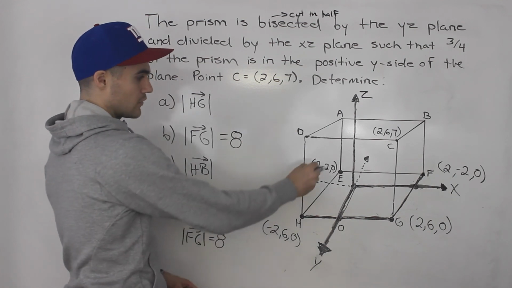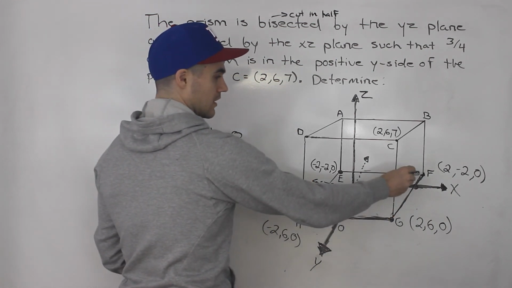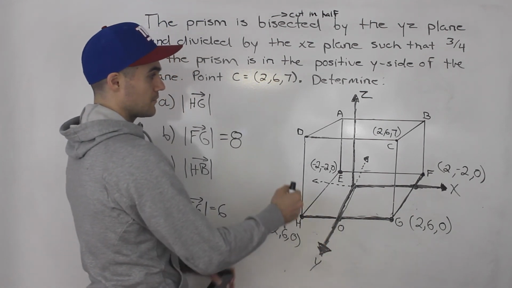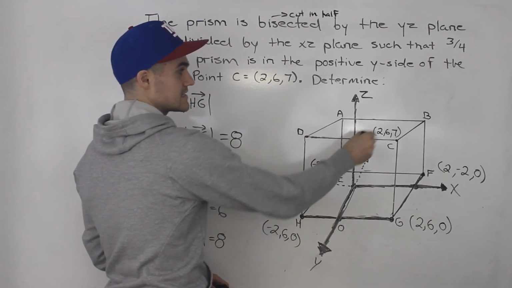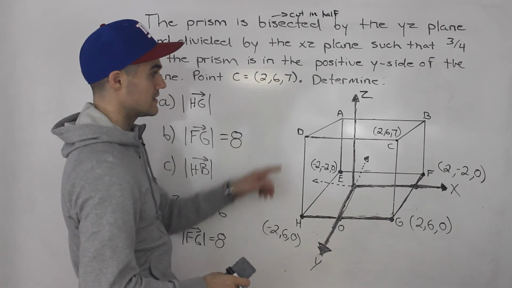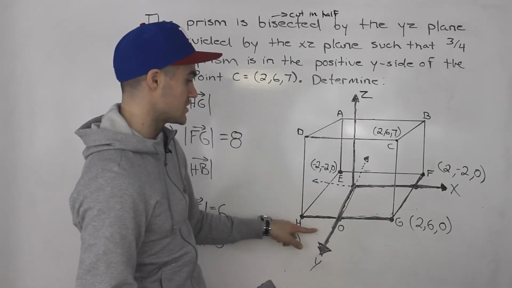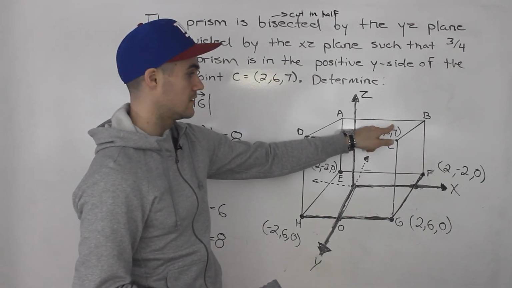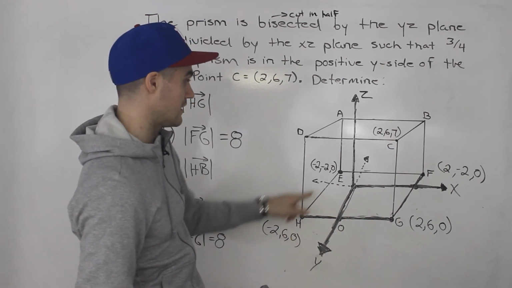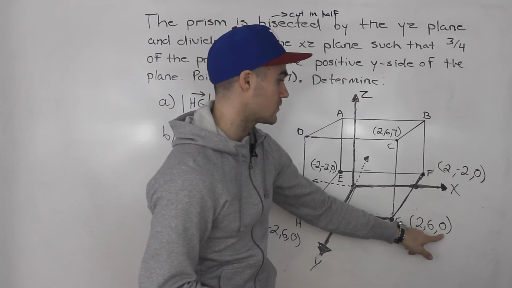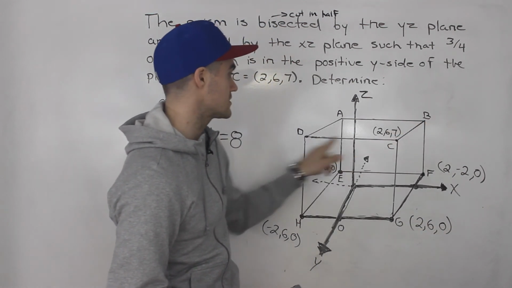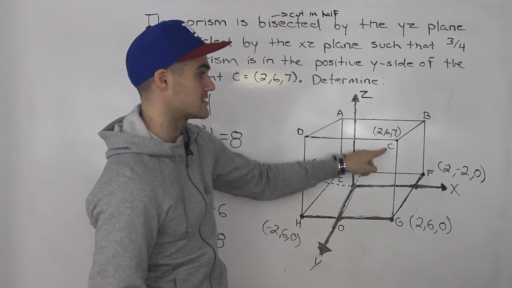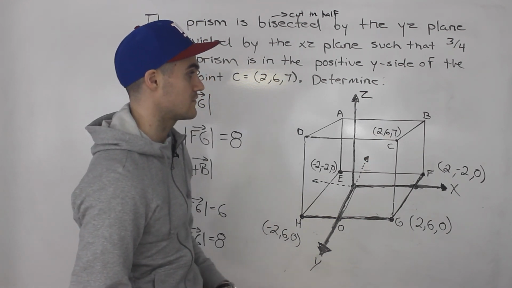So now that we have the coordinates of all the points on the base, we can find the coordinates for A, D, C, and B very easily, because these coordinates are just the base coordinates shifted up by 7. Instead of a z value of 0, all of these coordinates are going to have a z value of 7, because point C has a z value of 7.